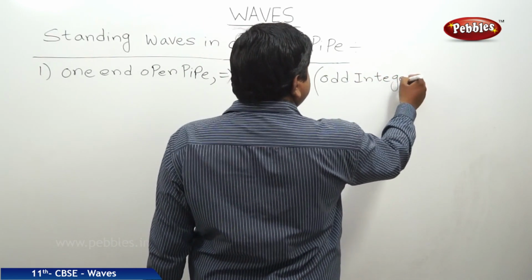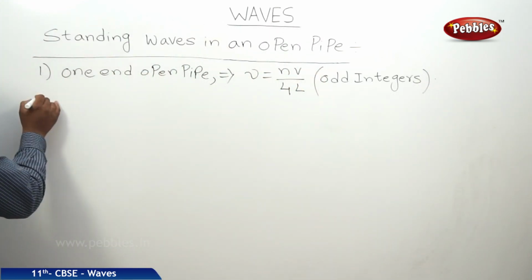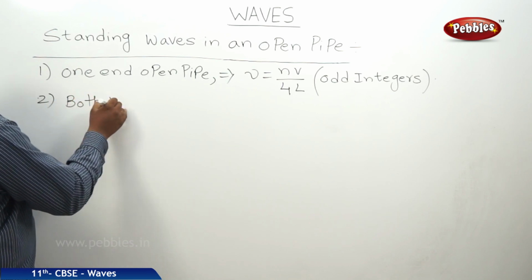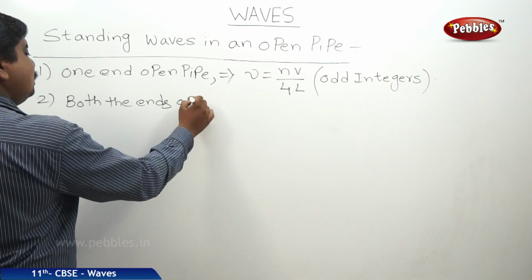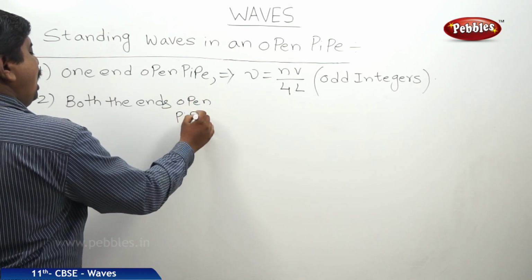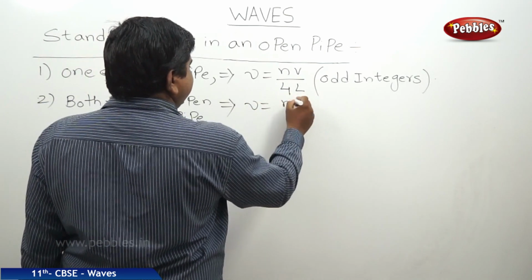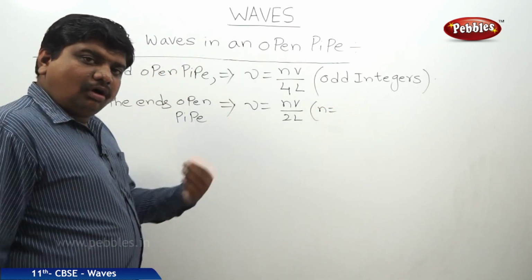These are odd ratios 1:3:5. But in case of a both ends open pipe, nu is equal to NV by 2L, where N is equal to all integers.